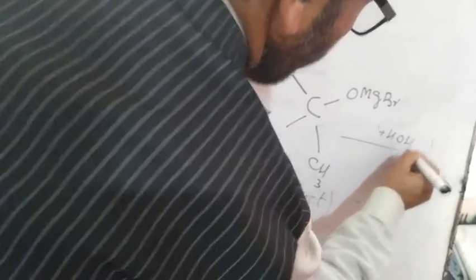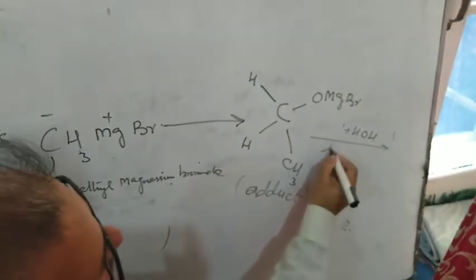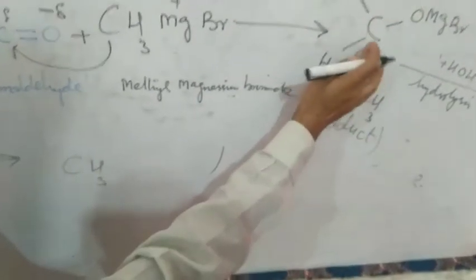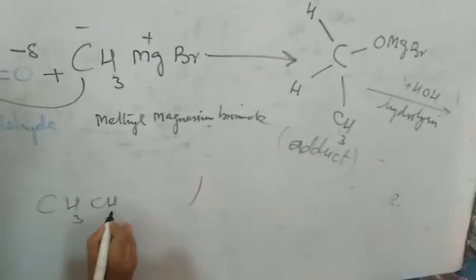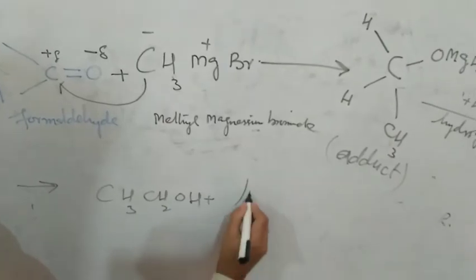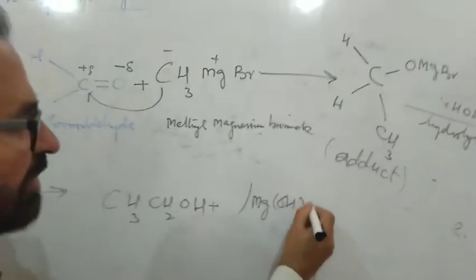And upon hydrolysis, HOH water gives the product, which will be CH3 and CH2OH plus Mg OH Br.